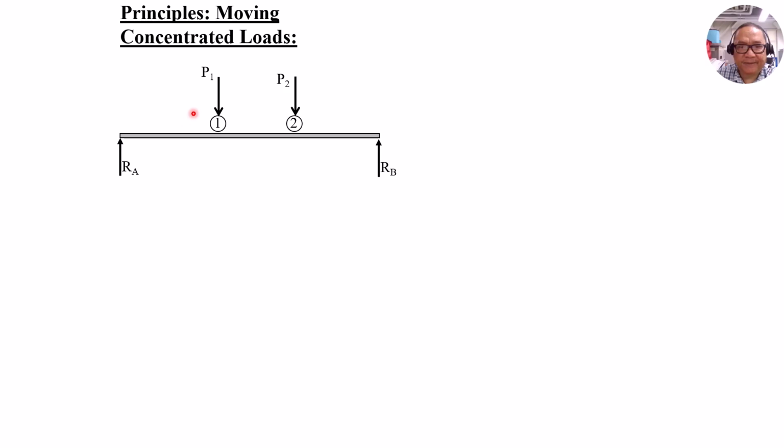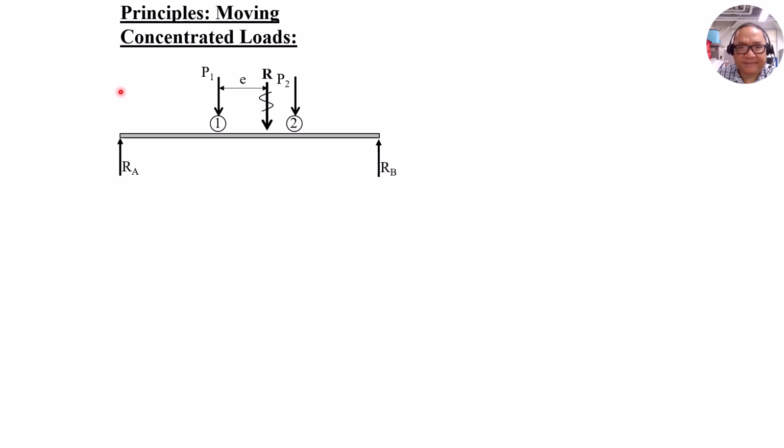And let us say P2 is heavier than P1 so that the resultant of these two loads will be closer to load 2. And we will call the distance between the resultant of the moving loads and the lighter load as E.